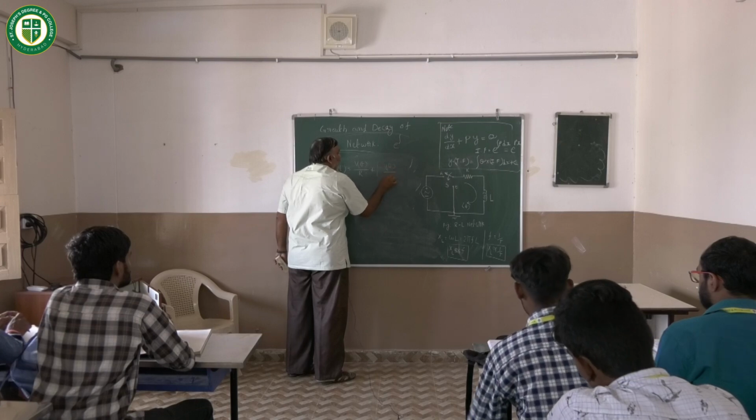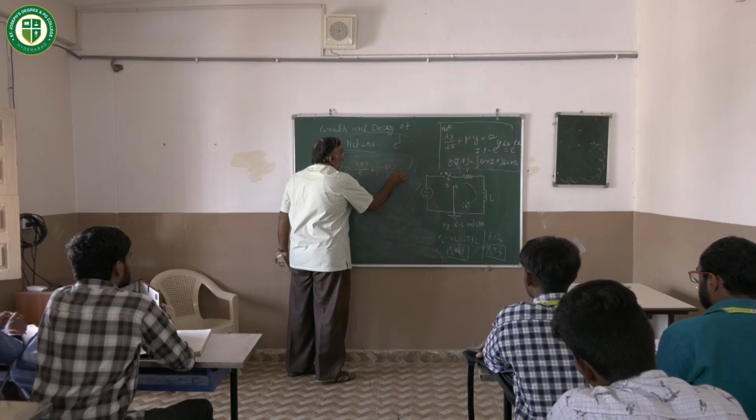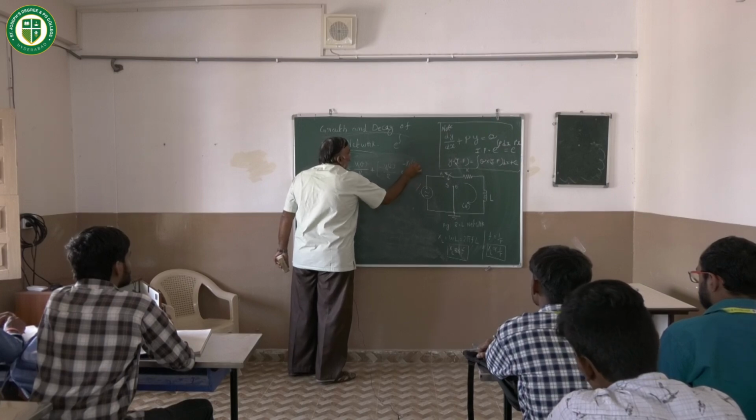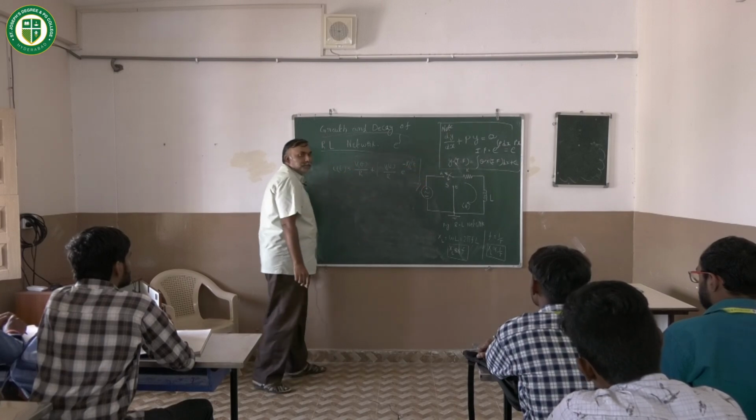So Vi of t by R into e power minus R by L into t.